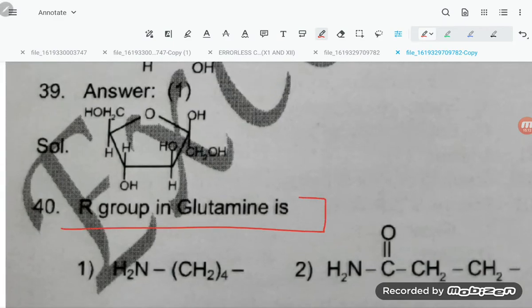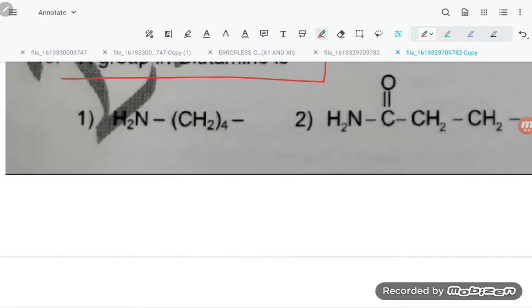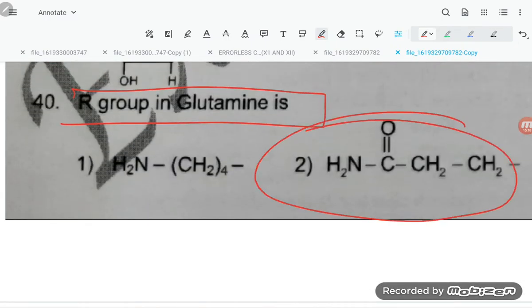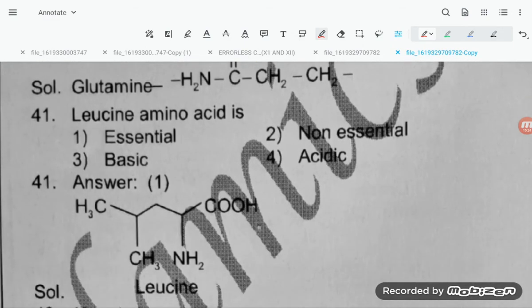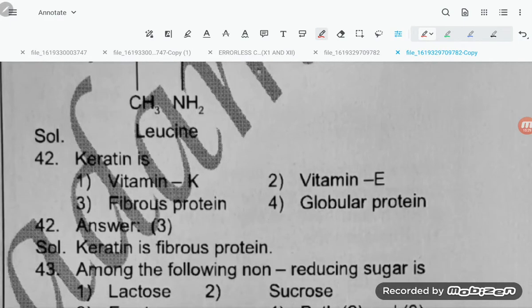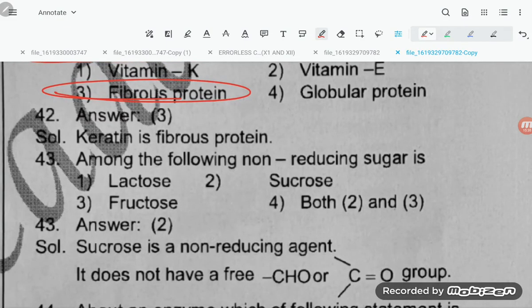The R group in glutamine is this one. Okay, so that also we need to memorize. Leucine is an essential amino acid. Keratin is a fibrous protein found in the hairs.